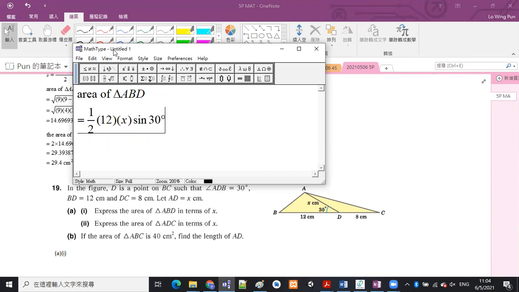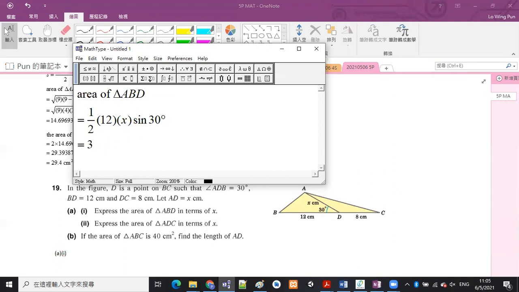If sine 30 degrees is a nice number, please simplify this. If it is not a nice number, then we just leave the sine 30 degrees here. Is it a nice number? Yes, it should be 0.5, right? So 1/2 times 12 times 0.5 is equal to, I think it should be 3, right?